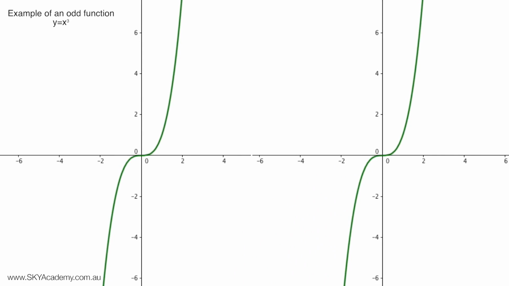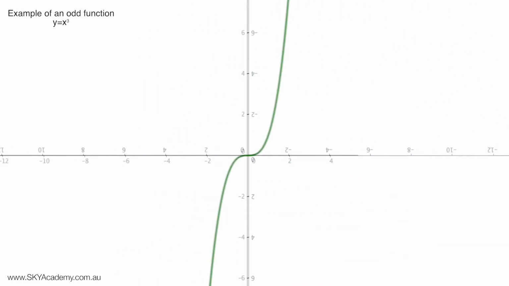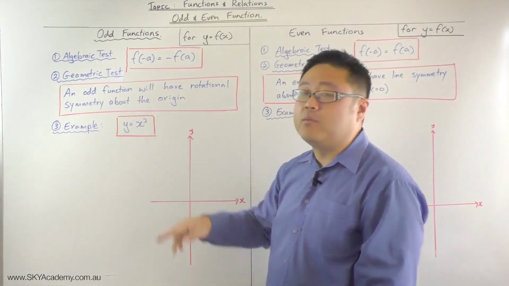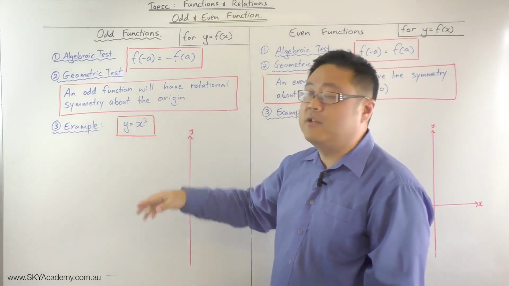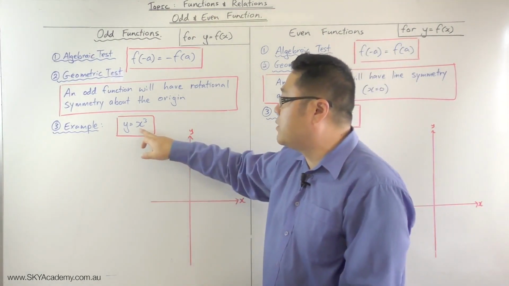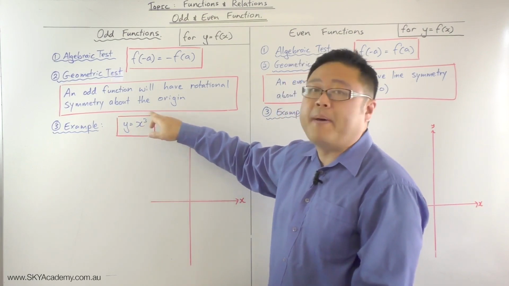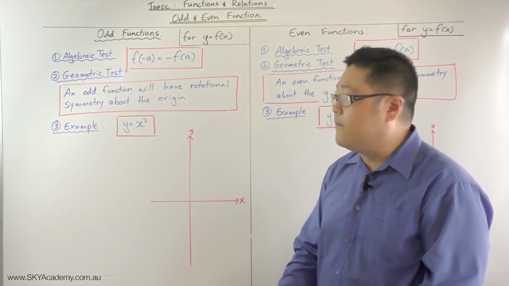It would sit on top of itself. An example of an odd function would be y equals x cubed. I'm pretty sure this is why it's called an odd function: when you've got y equals x to the power of an odd number, it will give you an odd function.